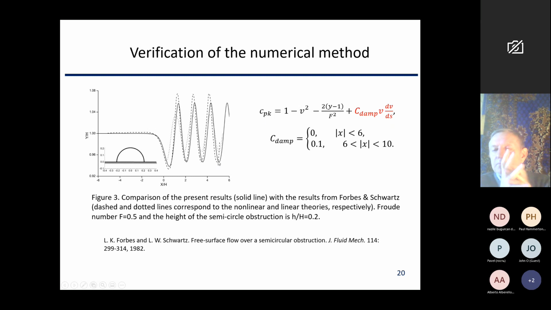In this figure the damping region at distance 610 is not shown, but later in another picture it will be shown. Because the aim here is to compare with the results of Forbes and Schwarz, we can see we have no wave upstream. We obtained a more accurate solution.